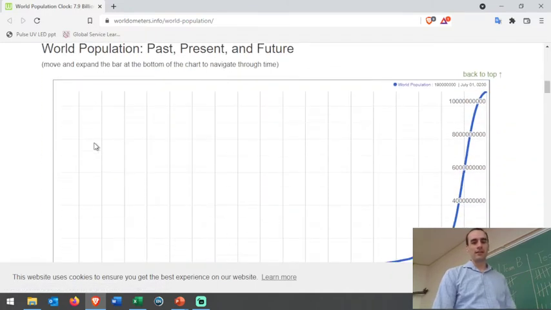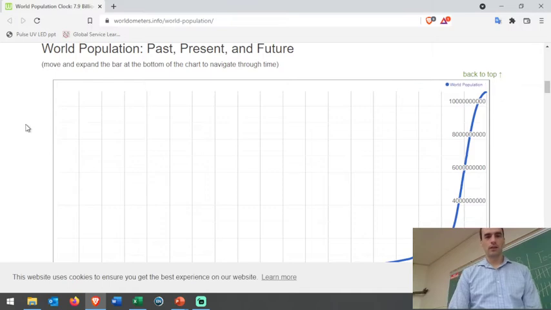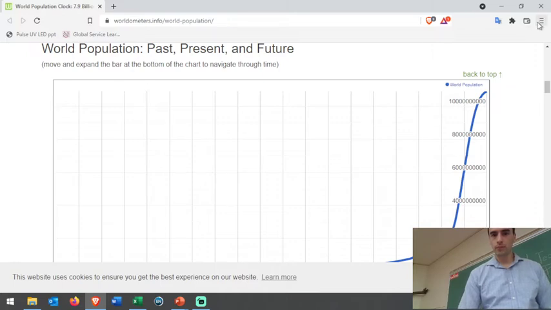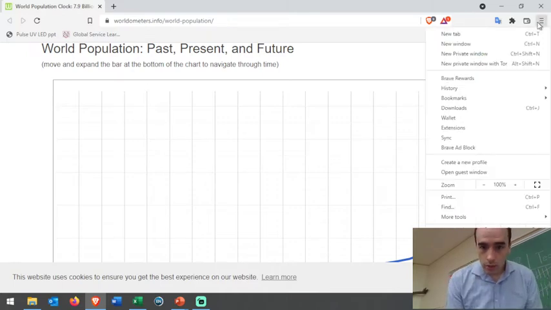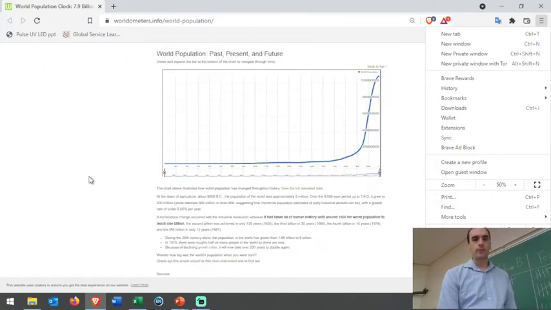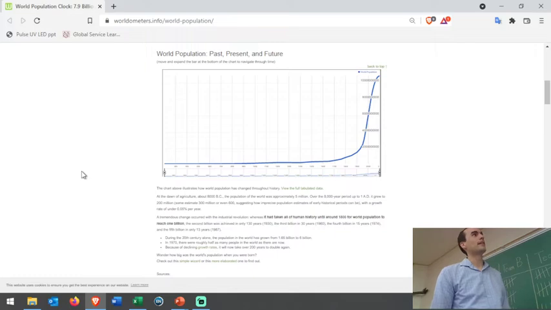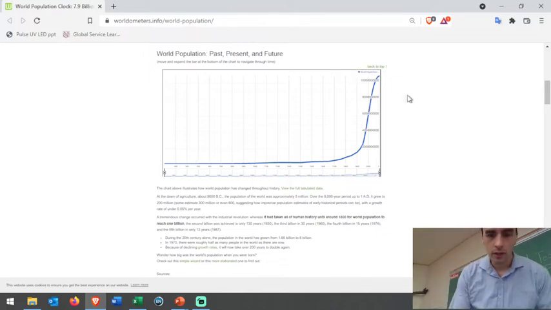Going through here, it shows different populations. Another thing it does, I'm going to zoom my screen out a little bit. There we go. If we take a look at the historic population here, we do see exponential growth, but for a long time it was not really very possible.